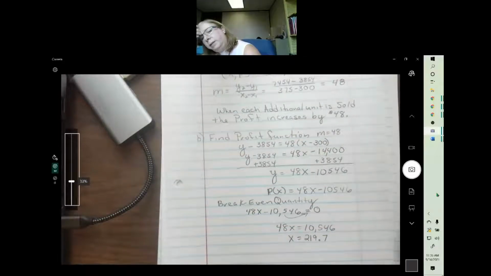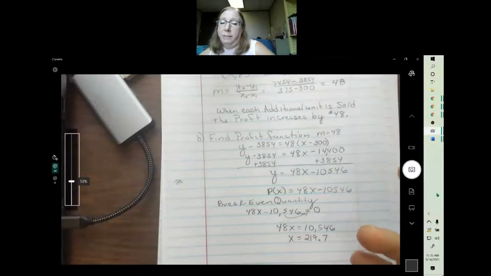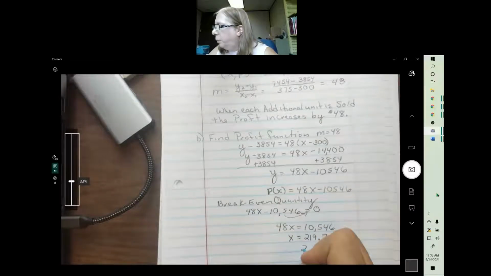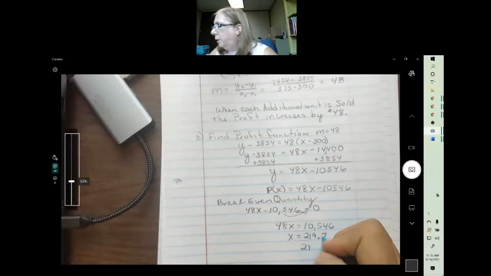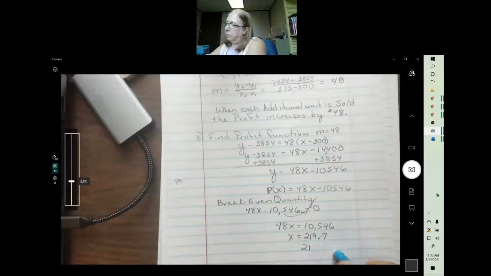Now, usually your quantity needs to be an integer. Since they didn't give us what units this was in, maybe it doesn't have to. But no matter what this is, if you're rounding to a whole number, you'd have to round it up, even if it was 0.07, because that little bit you're not going to break even. So this would be 220.